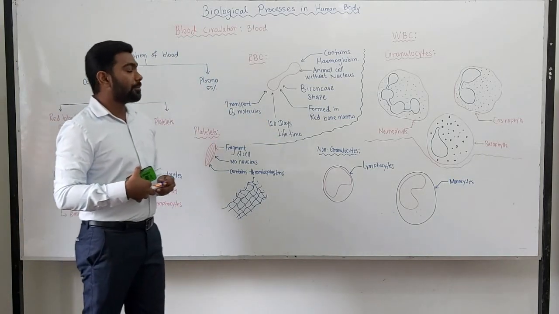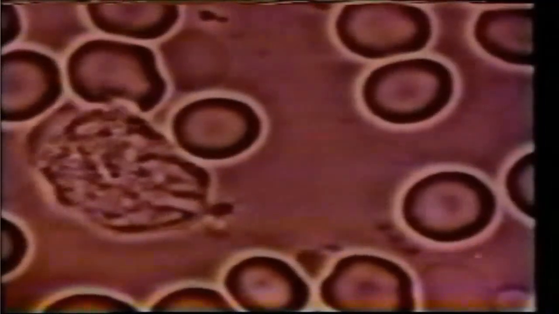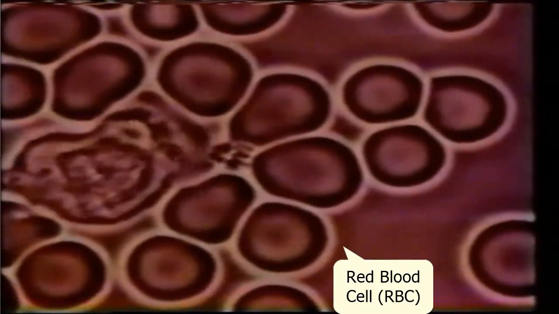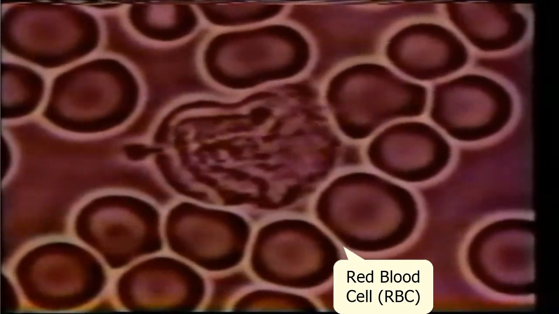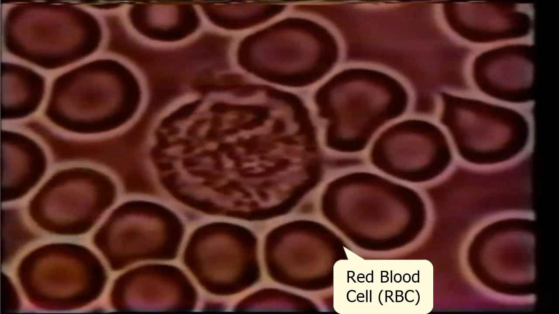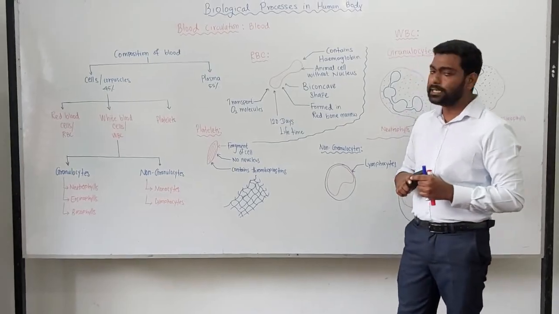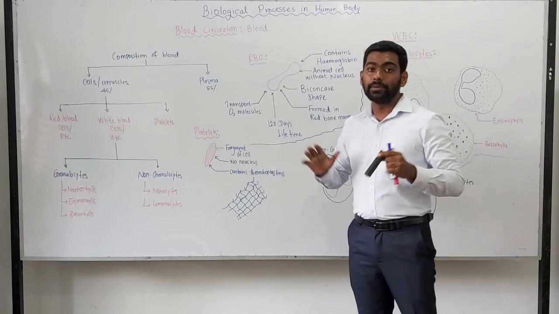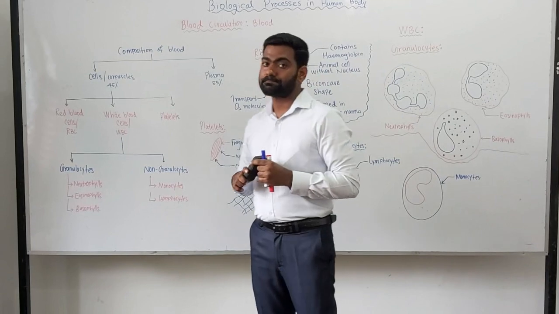First of all, RBCs: as their name says, red blood cells, they are red in color because of a very special component in their body, and that is hemoglobin, a special component made up of a protein and heme, iron atoms. That gives the color to the blood. They are smaller in size, and you can observe a very large number of them.